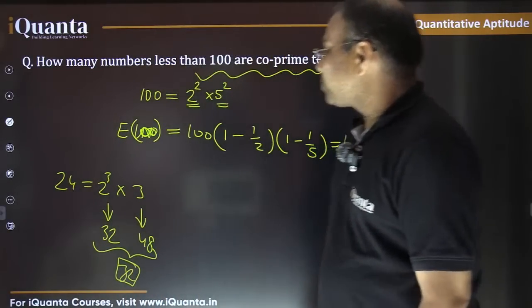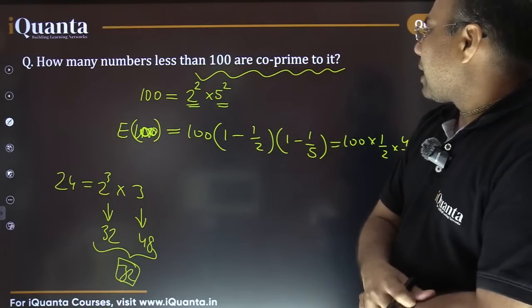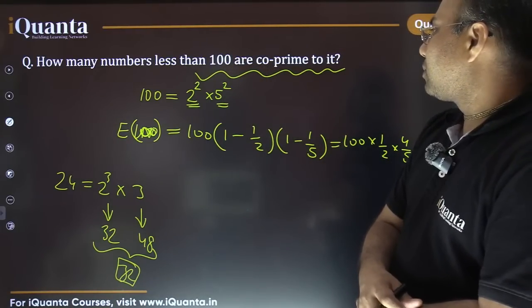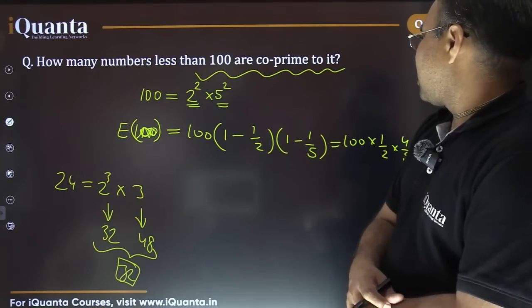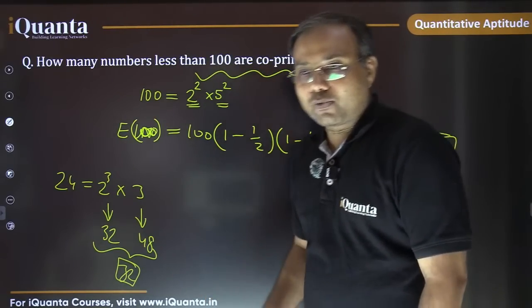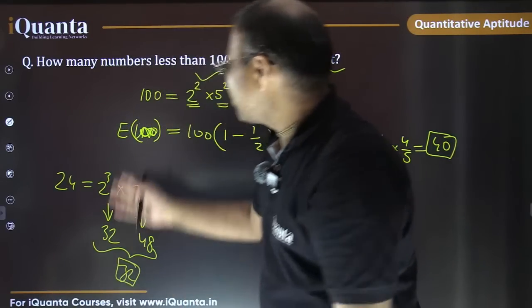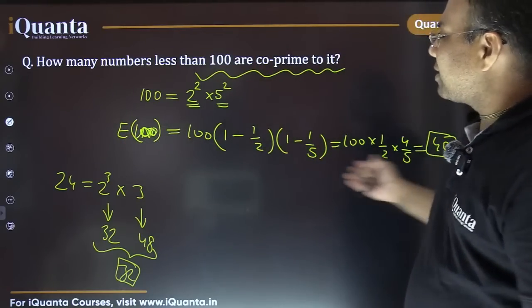If I ask you in this question, how many numbers till 100 are multiple of 5 but not multiple of 2? Akshiti, लिखा है ना Euler वाला part. This is a formula.